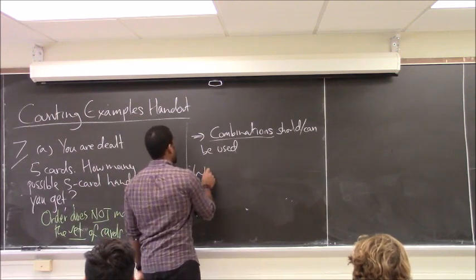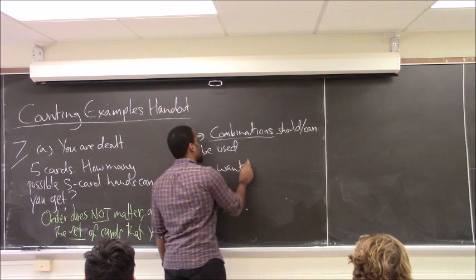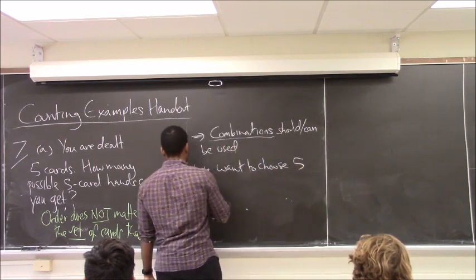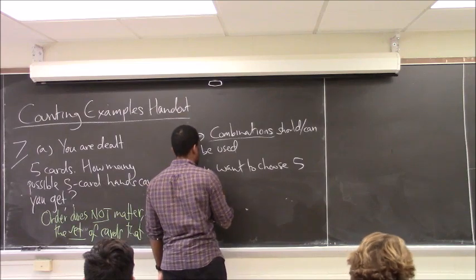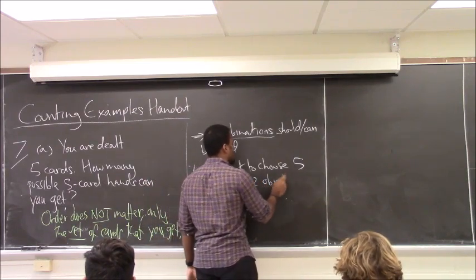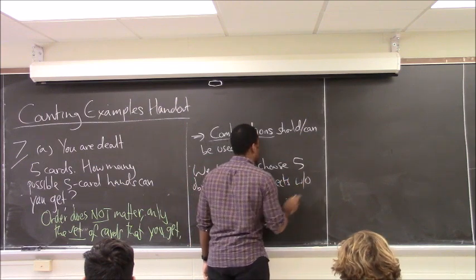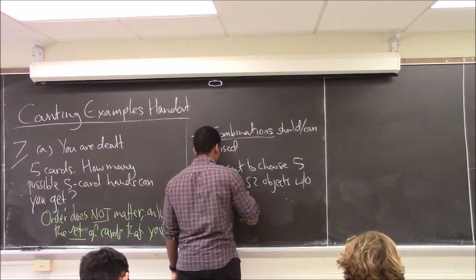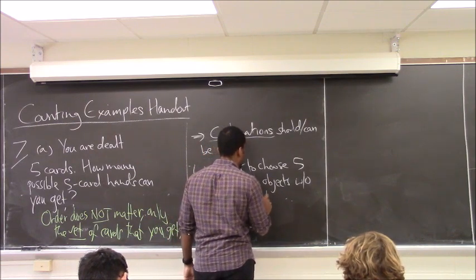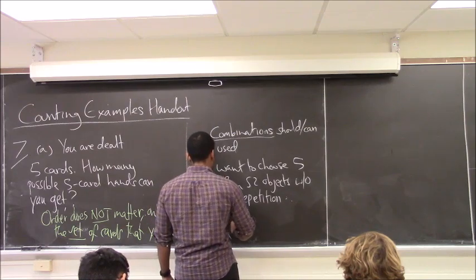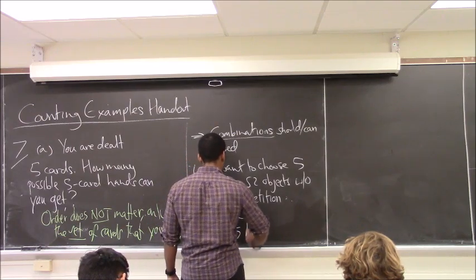So we want to choose 5 objects from 52, without order or repetition. This means there are 52 choose 5.